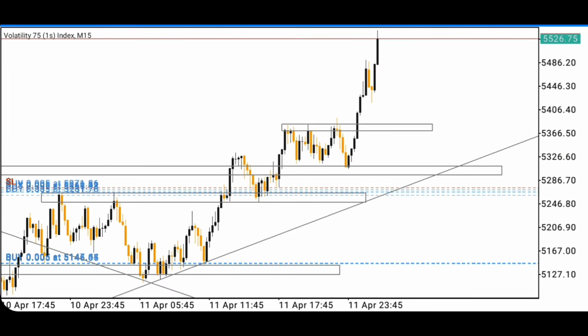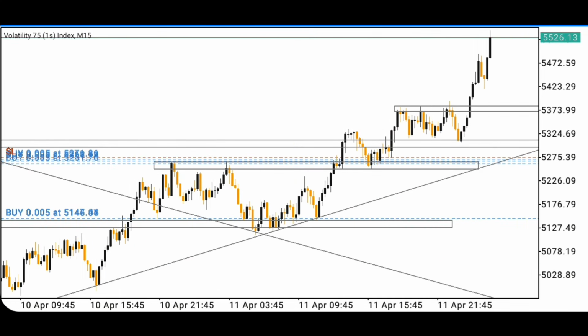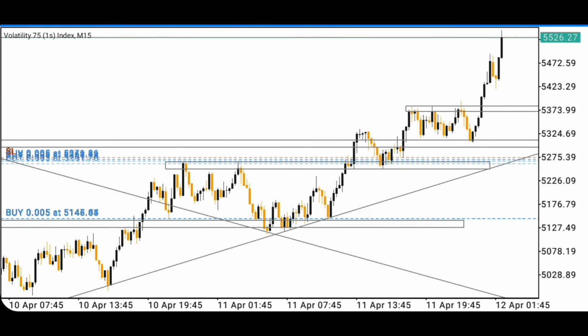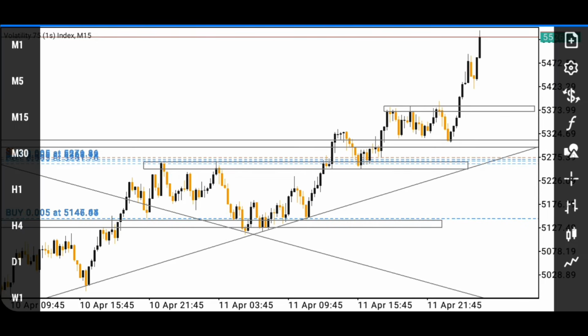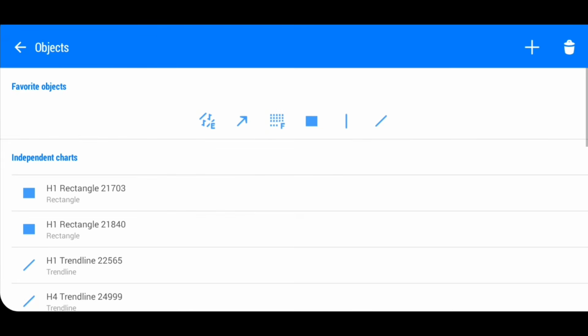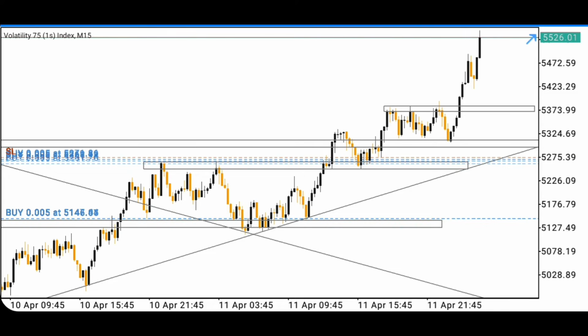After that, you can see that the market respected our analysis and went on to break this resistance again, and left us a demand zone right here.